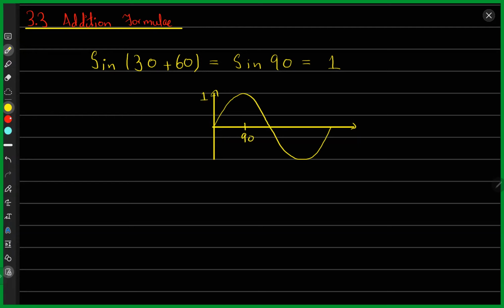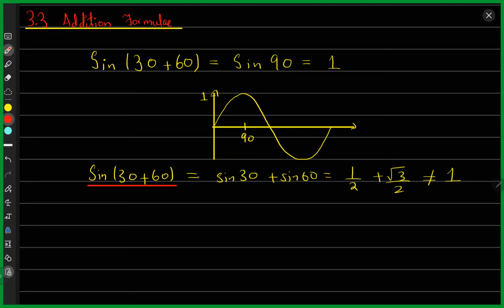Okay, but if I say that sine 30 plus 60 is basically sine 30 plus sine 60, then sine 30 is 1 by 2 and sine 60 is root 3 by 2. So this certainly is not equal to 1. This means that sine 30 plus 60 is not equal to sine 30 plus sine 60. Then what exactly is it equal to? This is what we are going to discuss in this class.